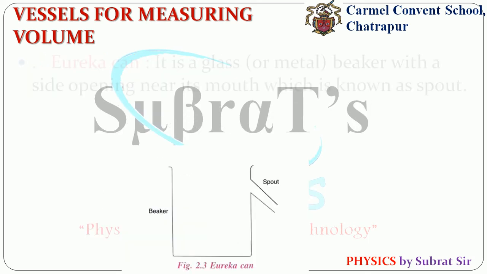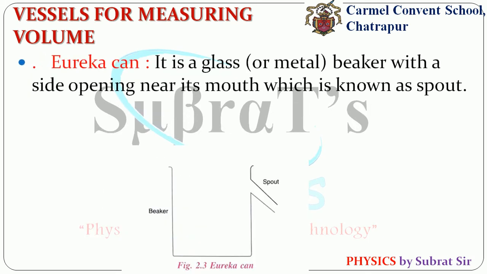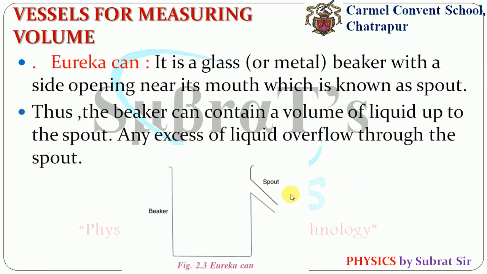Then the third one is the Eureka can. It is a glass or metal beaker-like structure with a side opening near its mouth. Here, see, there is a side opening, and this is called a spout. The can holds liquid up to the spout, so we will have a volume up to this only.